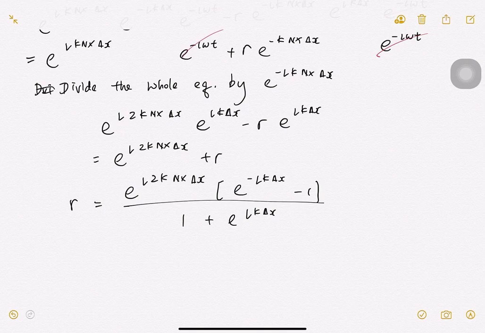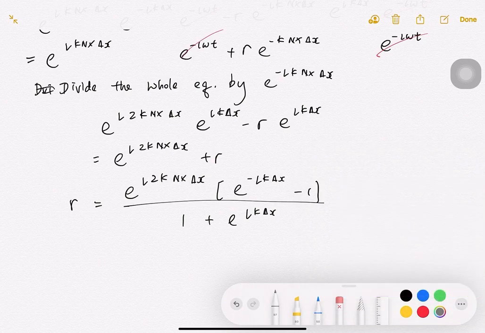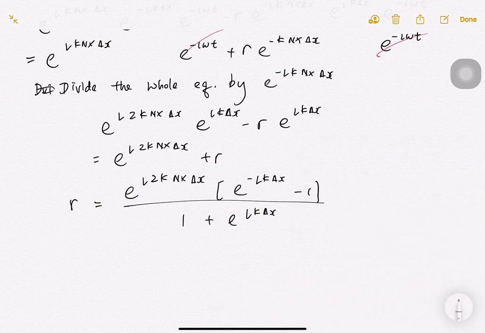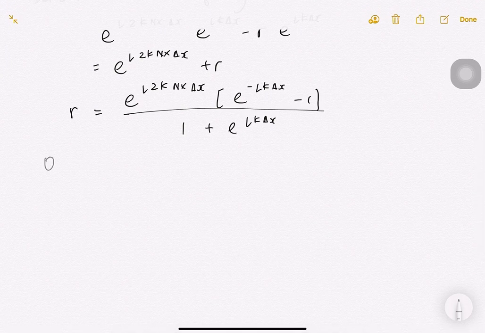We can do some mathematical maneuvering, but this part is optional. The gray text is optional in here.